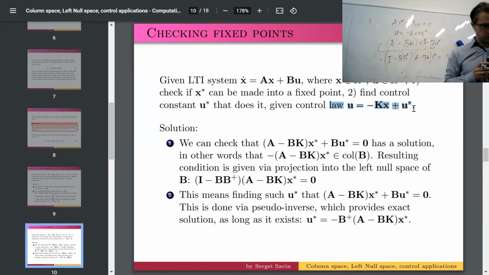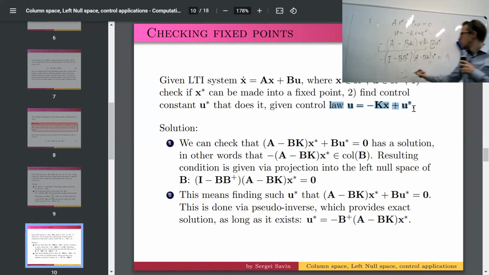Good. Second question, find the control constant that does it. How do we do it? Well, we just look at this equation and solve it. That is just a least squares problem, right? How do we solve it?